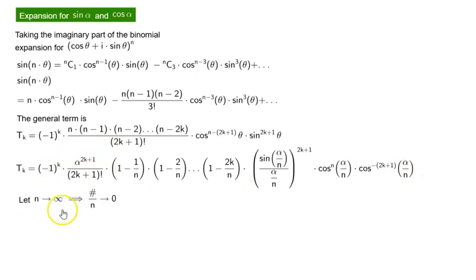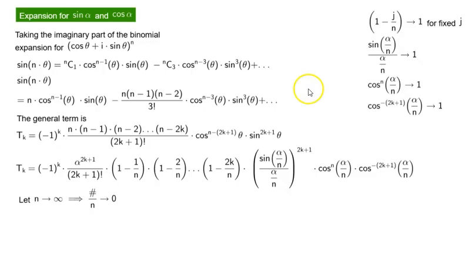Now let n go to infinity, which implies any finite number divided by n goes to 0. So what's going to happen when we take n to infinity with respect to these factors? 1 minus j by n goes to 1 for any fixed j. Sine alpha by n divided by alpha by n goes to 1.